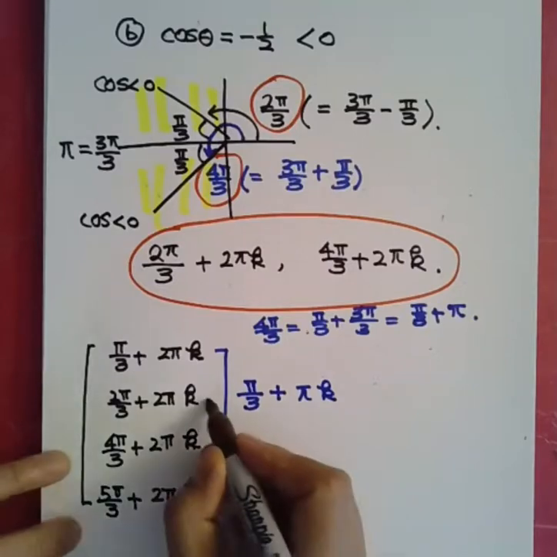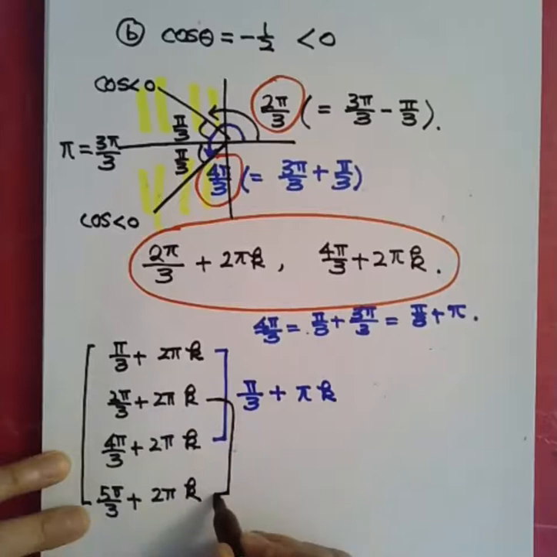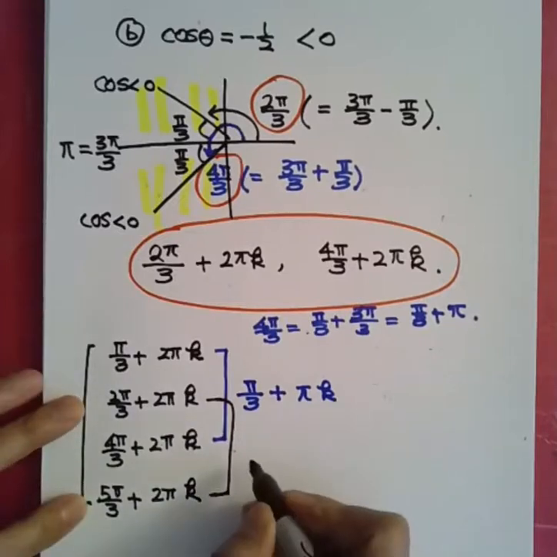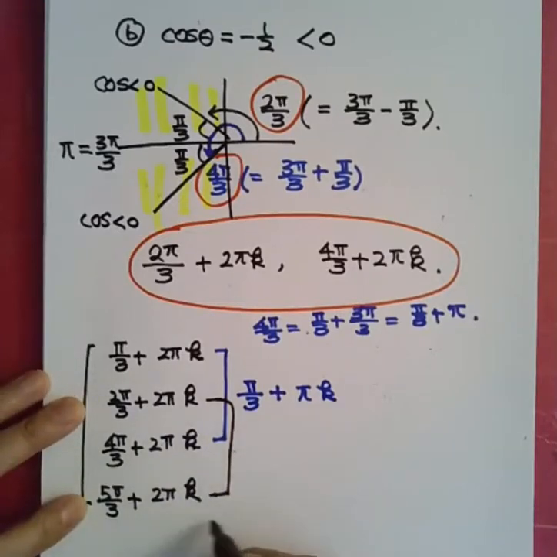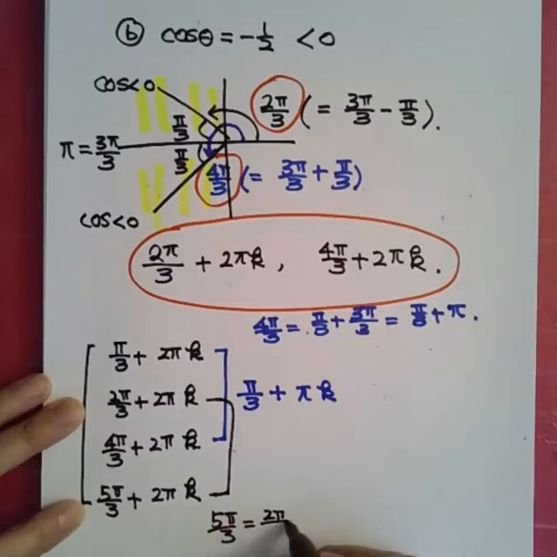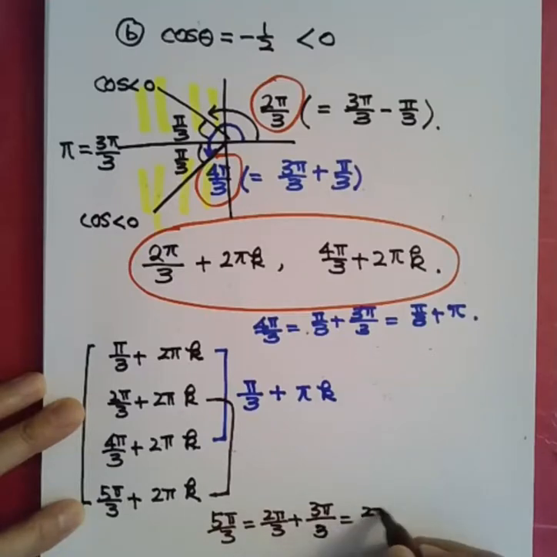And for the other solution, if you think about the difference, then you can say 5 pi over 3 equals 2 pi over 3 plus 3 pi over 3, which is 2 pi over 3 plus pi.